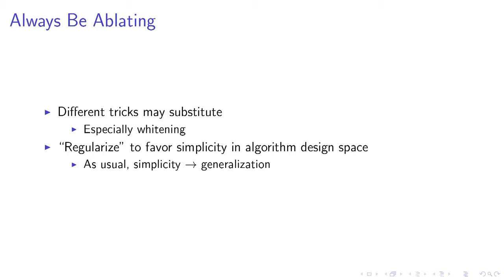This is often true because a lot of tricks help by normalizing things in a better way or improving your optimization, like making your optimization less susceptible to big spikes. A lot of different modifications have similar effects, so often you can remove them and simplify your algorithm, and this is pretty important.